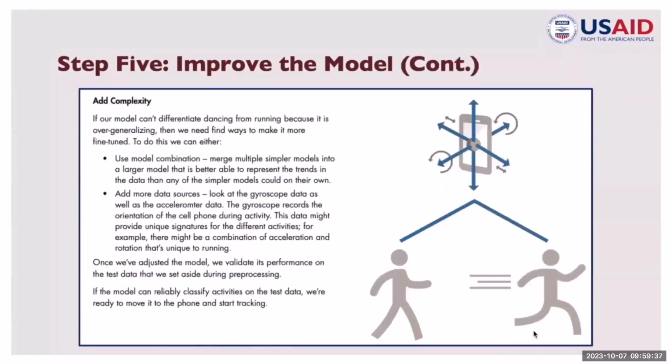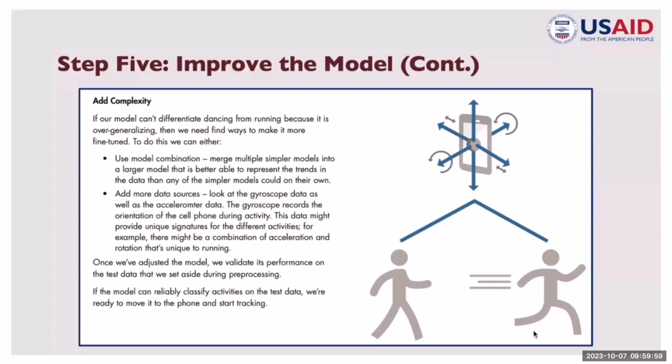Further improving our model, we can address overgeneralization by fine-tuning, such as the use of model combination. These merge multiple simpler models into a larger model that is better able to represent the trends in the data than any of the simpler models could on their own.